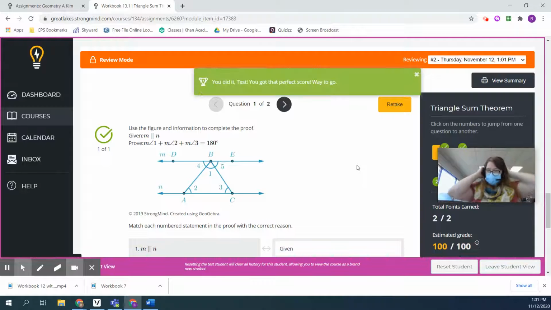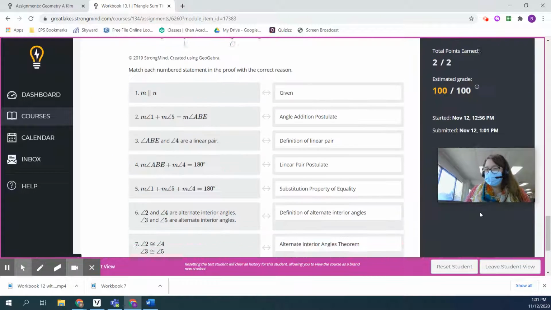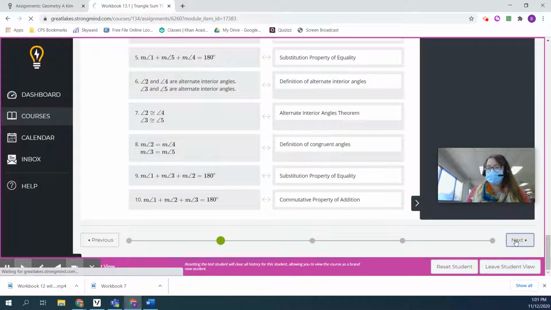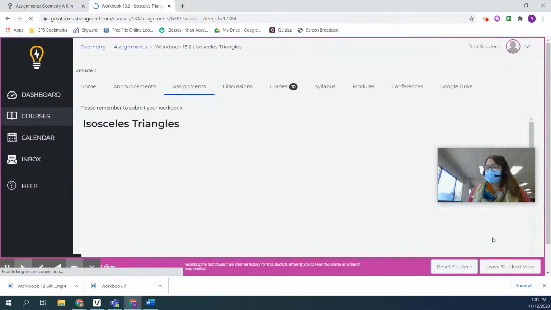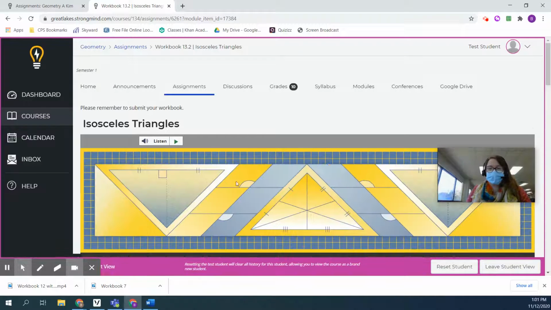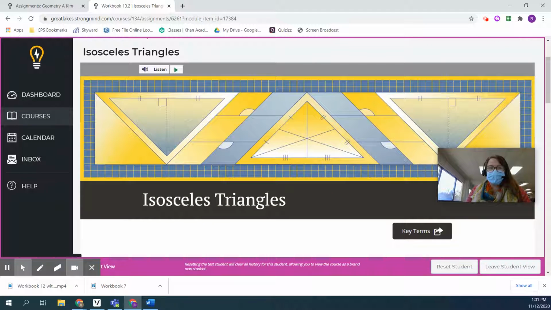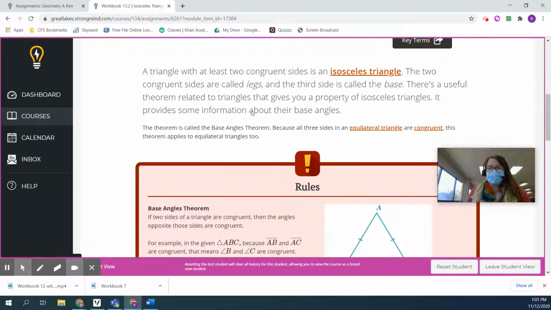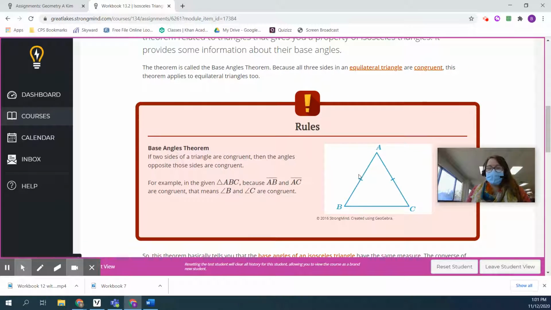Okay, next one, 13.2, isosceles triangles. With an isosceles triangle, we have these sides that are the same, and then we have these two angles opposite of those sides that are called the base angles. The base angles are congruent.